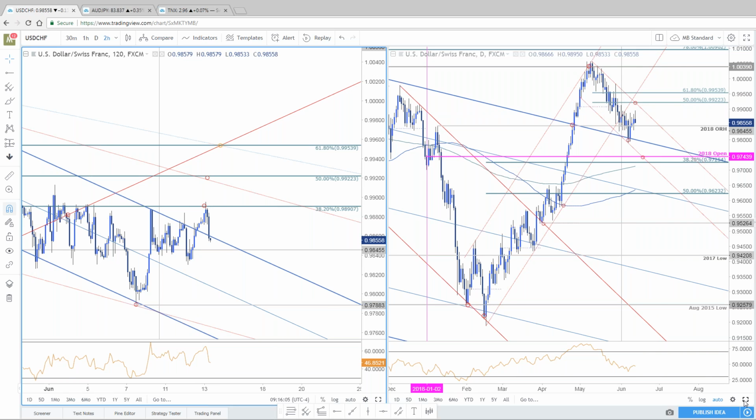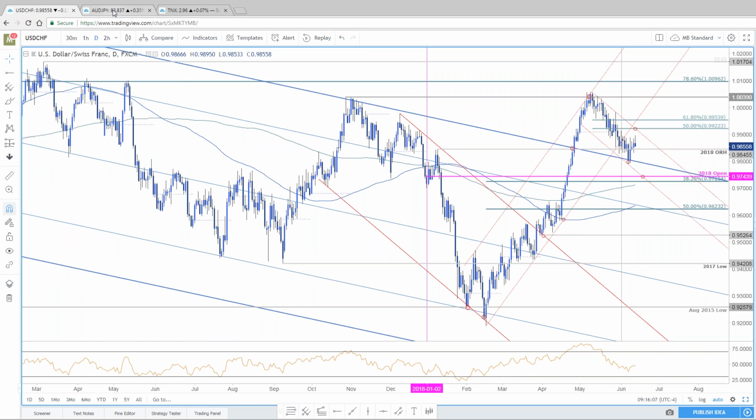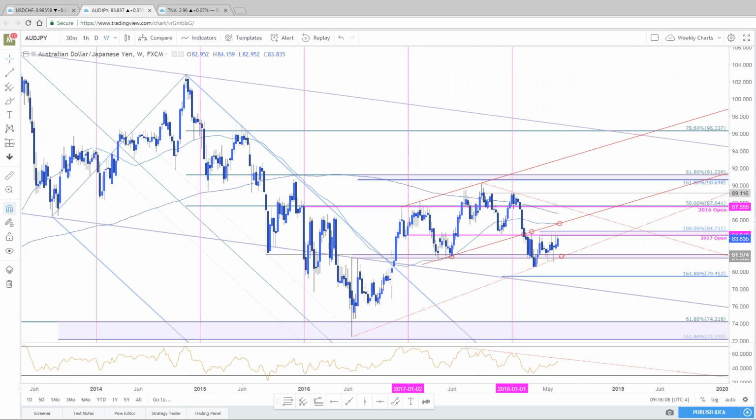Interesting. Yeah, we'll keep an eye on this one. If it breaks down, here's Swissy on the weekly charts, by the way, just to get a picture of where we are.